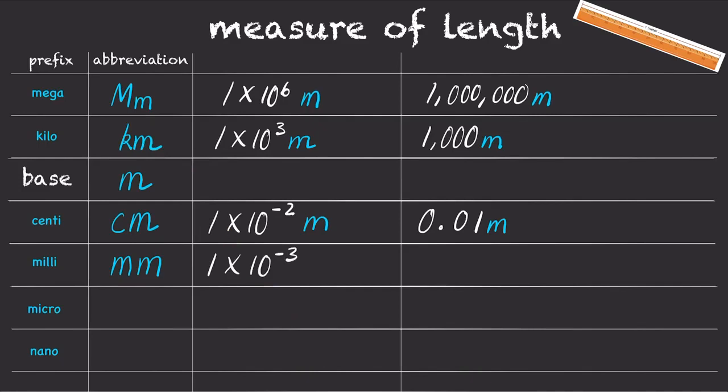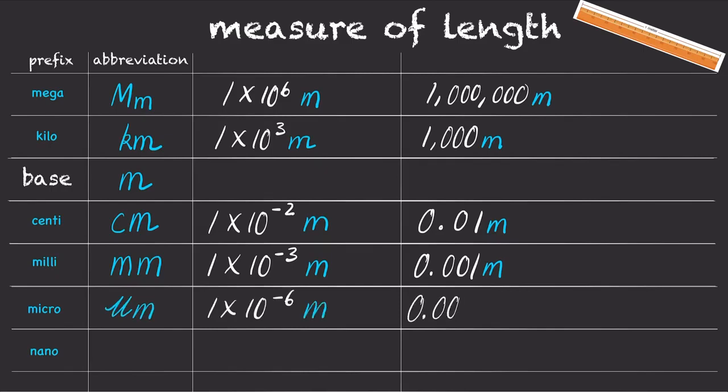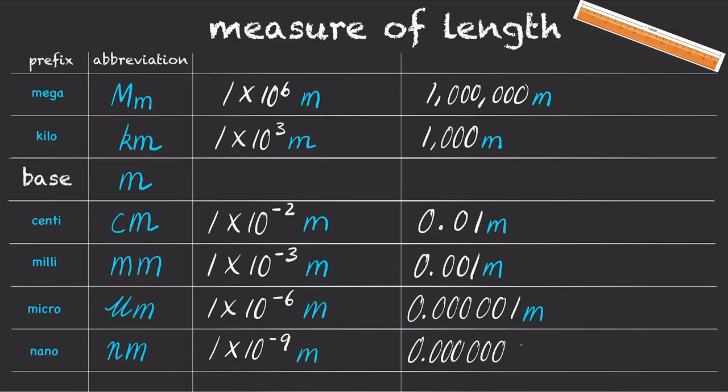The negative exponent, negative 3, makes the base unit of meter 1,000 times smaller, which we write as 0.001 meter. 2 other common metric prefixes you might also deal with in chemistry are micro, which we write using the Greek symbol mu, and nano, which we write using lowercase n.